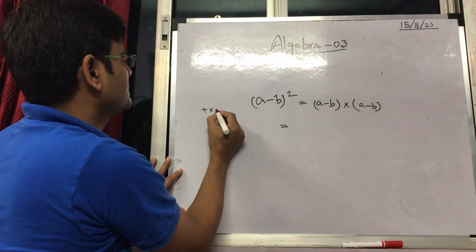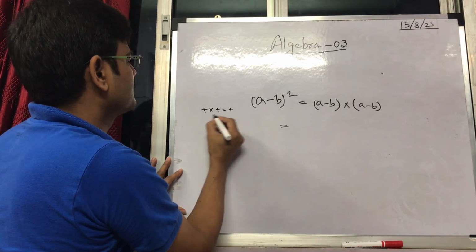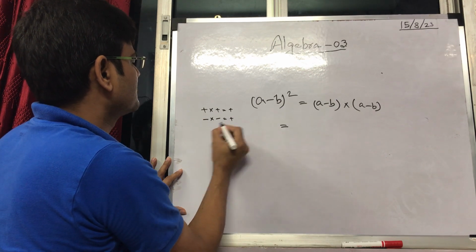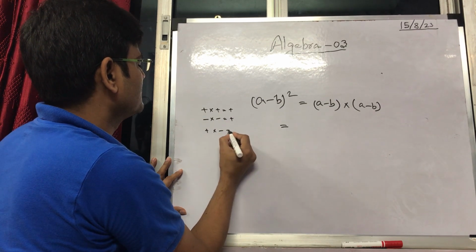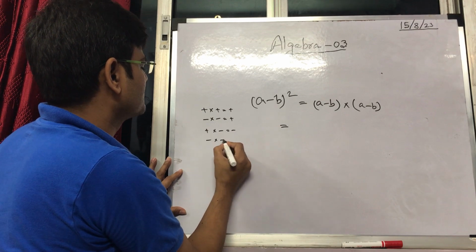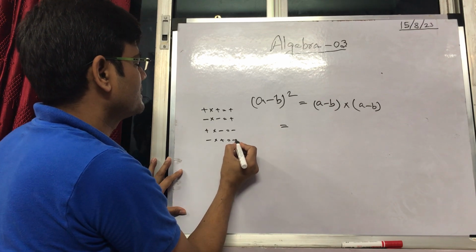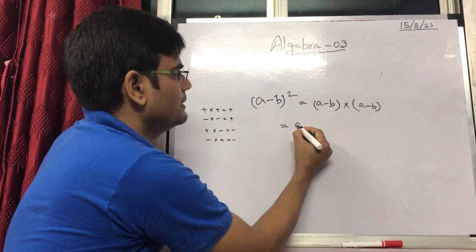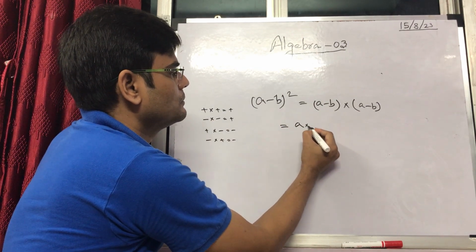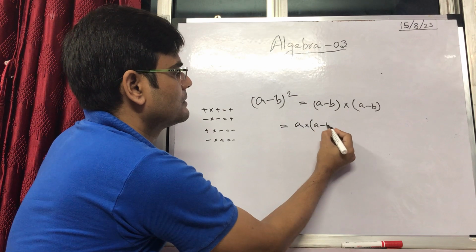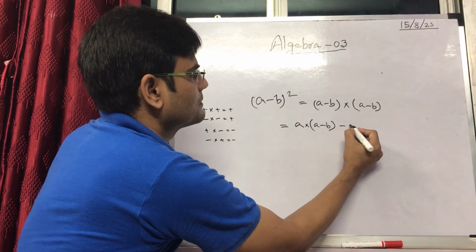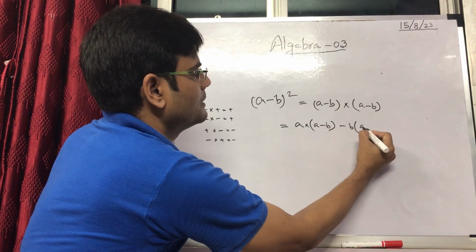Plus into plus is plus, minus into minus is plus, plus into minus is minus, minus into plus is also minus, when the signs are unlike. So here it's a into (a minus b) and minus b into (a minus b).